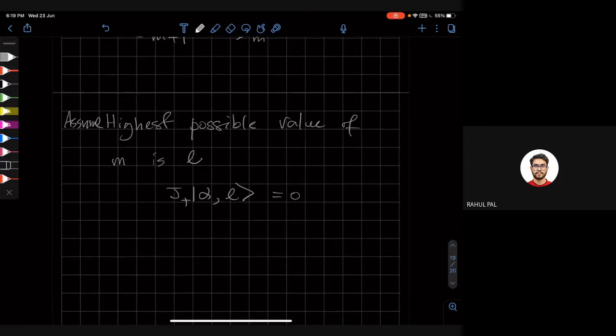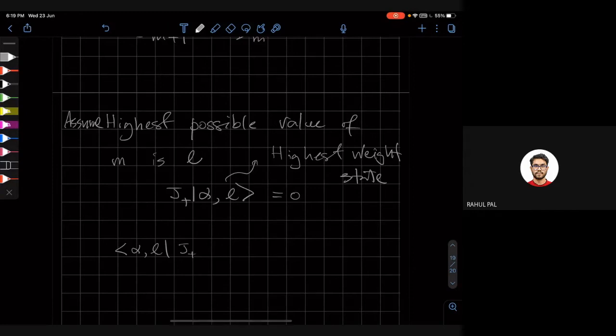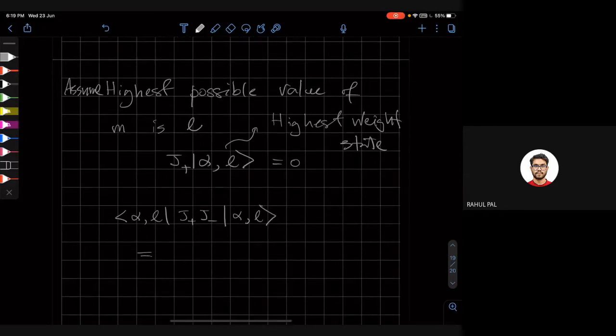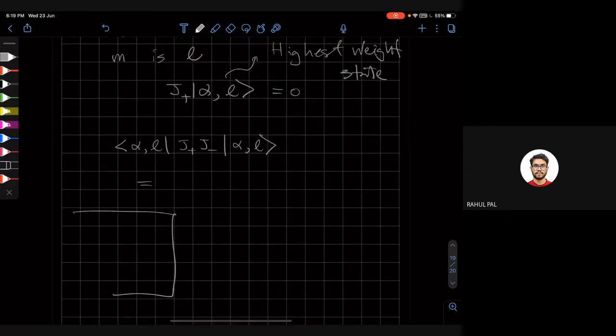Now let's consider alpha L. Again, it's the maximum, the highest weight state. So let's call this the highest weight state. I always misspell highest. So if I take the highest weight state and sandwich J plus J minus, then we can use the commutation relationship J plus J minus is equal to 2 J3.